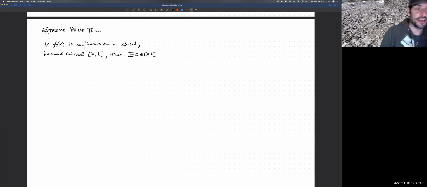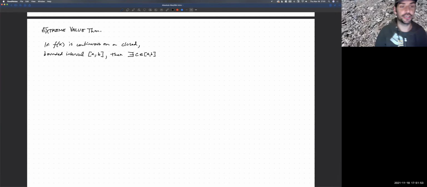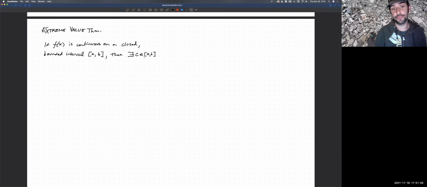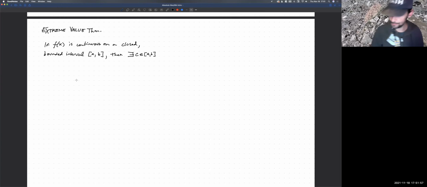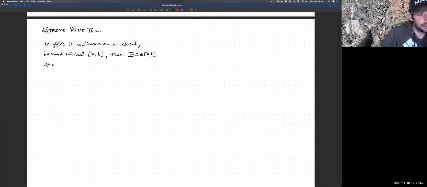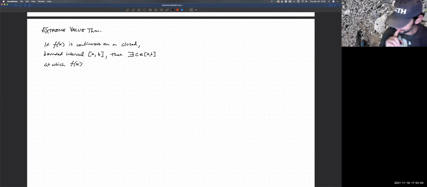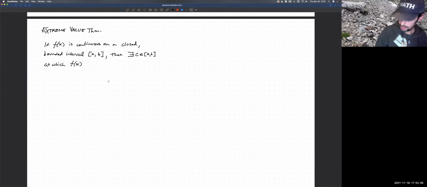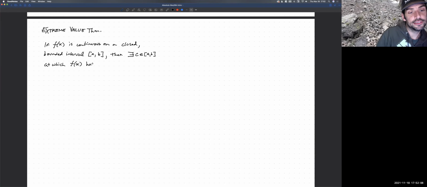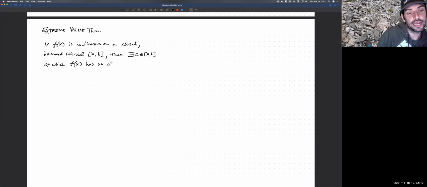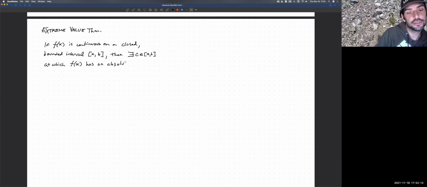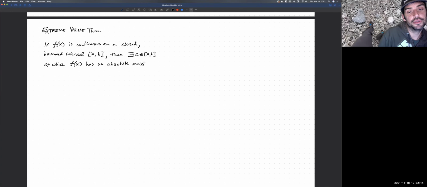So all that's saying is if f of x is continuous on a closed bounded interval AB, then there exists a number C in that closed interval at which f of x has an absolute maximum.